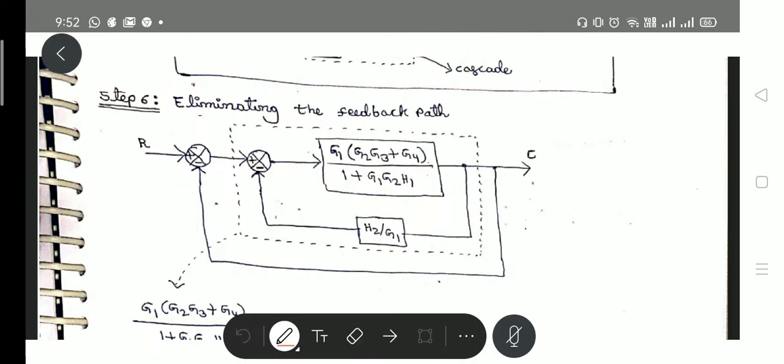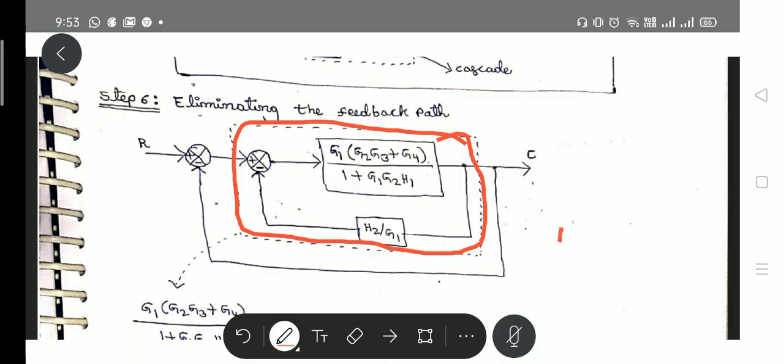Again this is the elimination of the negative feedback loop. So we can multiply this one. G1 by G2 G3 plus G4, 1 plus G1 G2 H1 by 1 plus G1 into G2 G3 plus G4 by 1 plus G1 G2 H1 into H2 by G1.